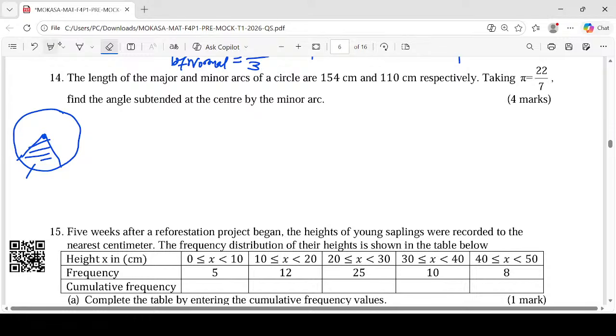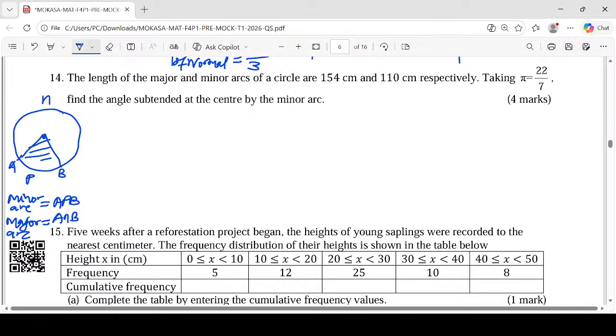If this is my circle, I can have point A, point B, I can have here P, I can have here N. So when I talk about the minor arc, this is the arc APB, and when I talk about the major arc, this is the arc ANB. That is the major difference.